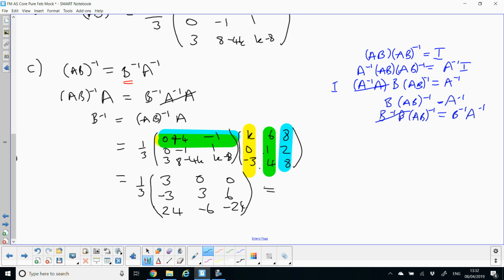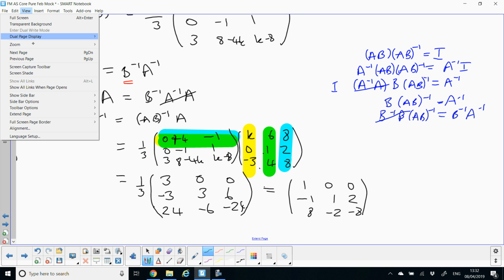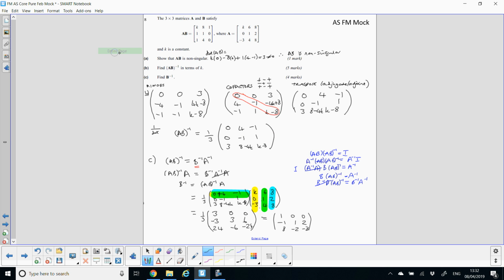So then that's now a third times everything, and I would now multiply it because everything divides by a third. Okay, and there you can see, so that's my answer to matrix B.